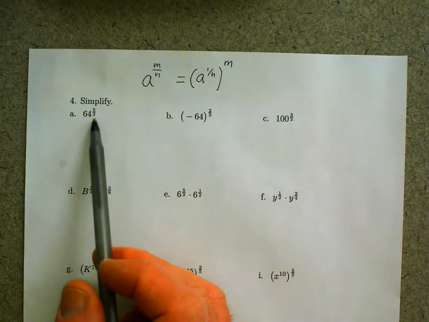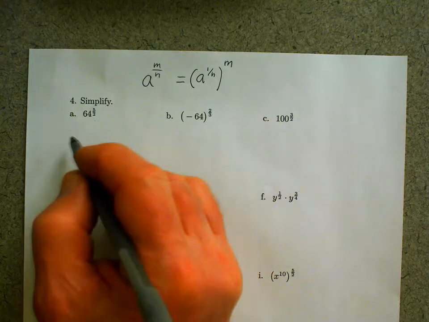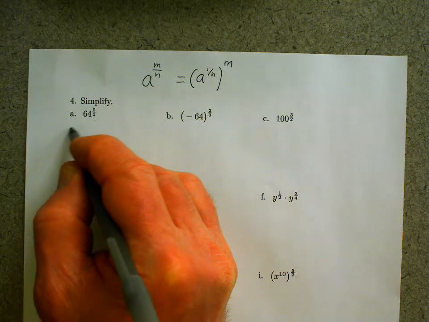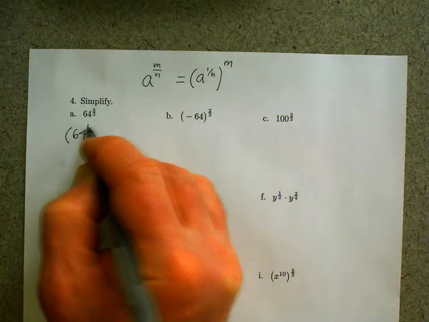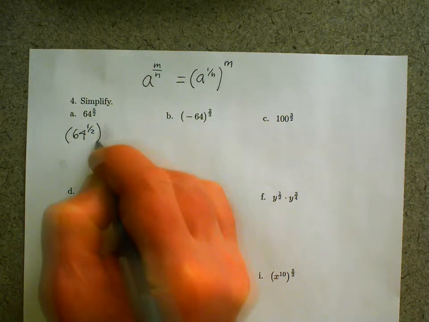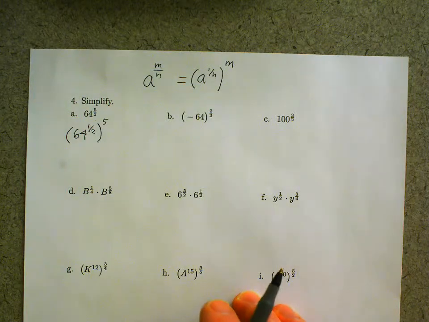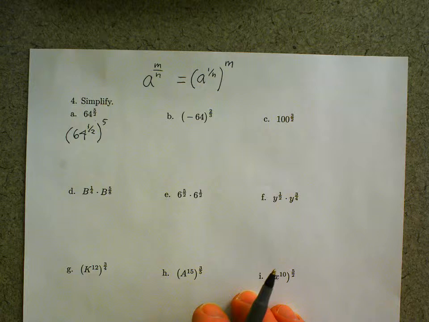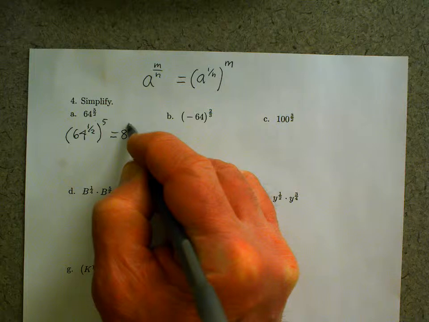Okay, so that's what we'll do here. 64 to the 5/2. Think of that as 64 to the 1/2 to the 5th. 64 to the 1/2, that's just the square root of 64, which is 8. So we get 8 to the 5th.